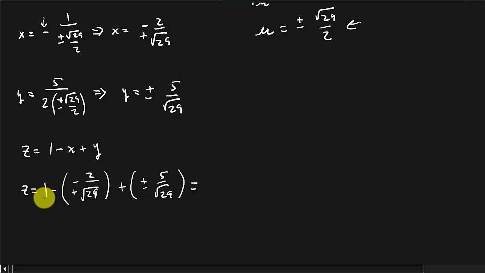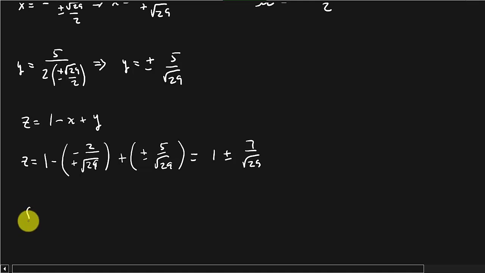You can do 1 minus negative 2 over square root of 29 plus 5 over square root of 29, and then 1 minus positive 2 over square root of 29 plus minus 5 over square root of 29. You can do them separate. And when you do all that, you're going to end up with 1 plus or minus 7 over square root of 29. That's z.